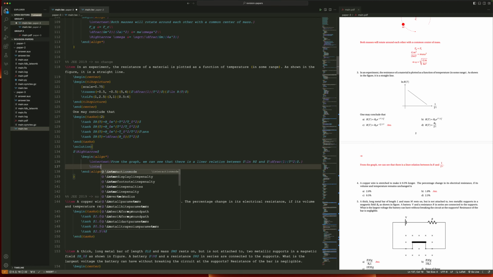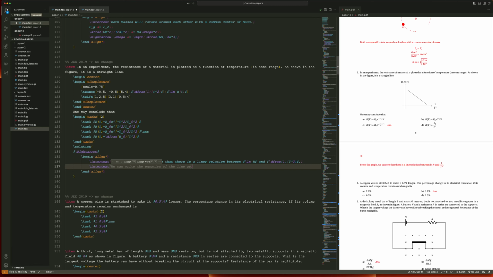So add intertext. From here we should start this, but I don't know exactly.